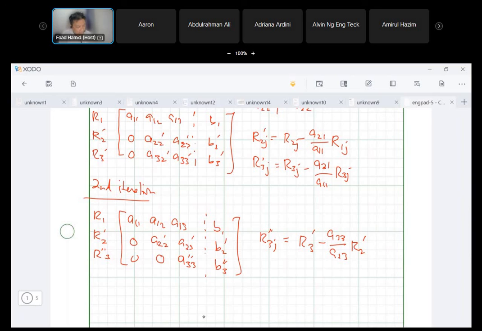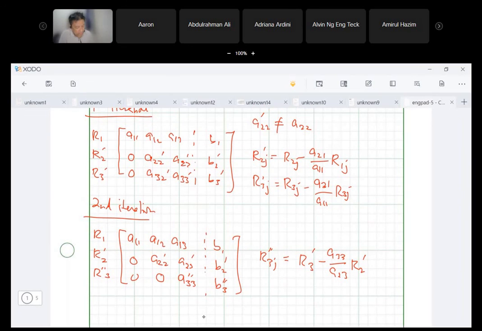Oh, this is wrong. This should be R1. This one should be R1, eh? This one. R1J. Okay, so this is the idea.